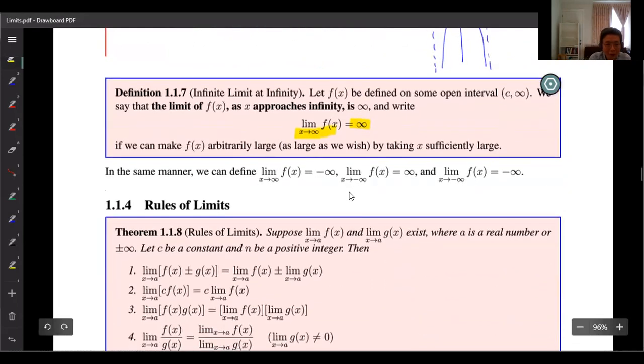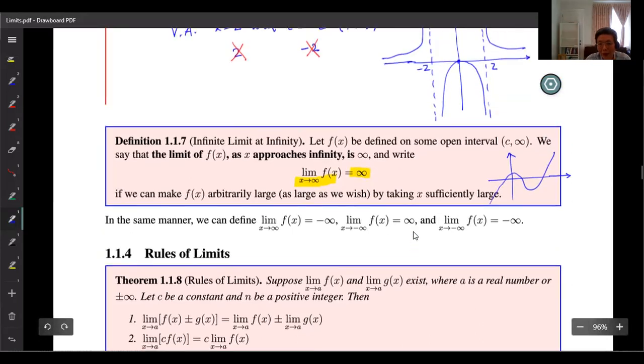The graph looks like a polynomial, for example this cubic function. The function just gets larger and larger as x gets larger and larger, or smaller and smaller. That's all for the concept.